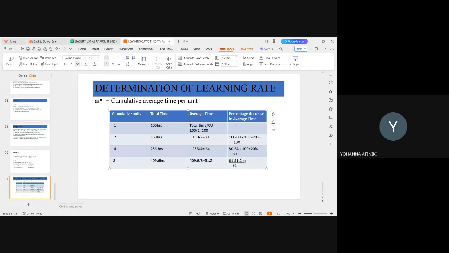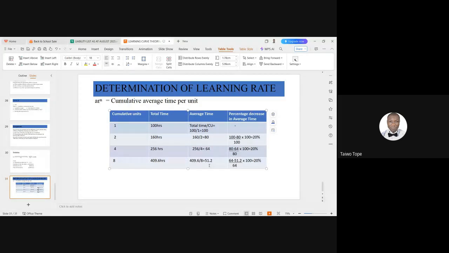The denominator is supposed to be 64. So as you determine this, it shows that the percentage decrease in average time is 20%.